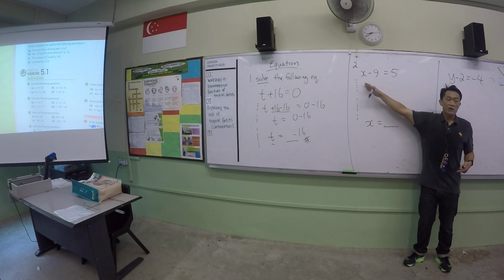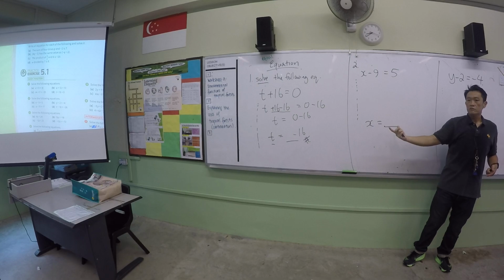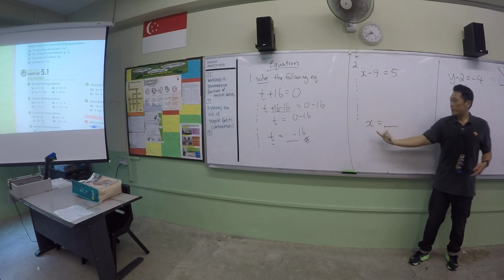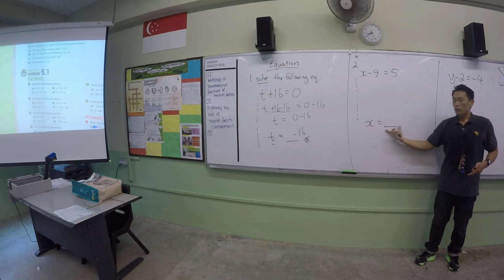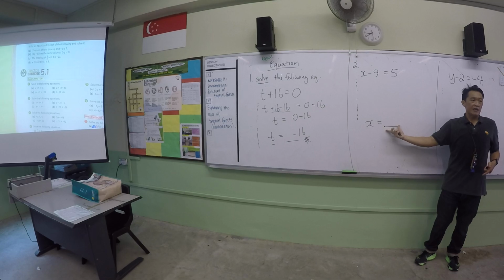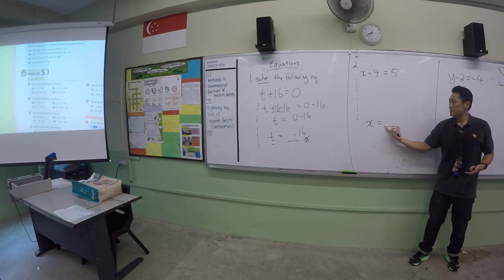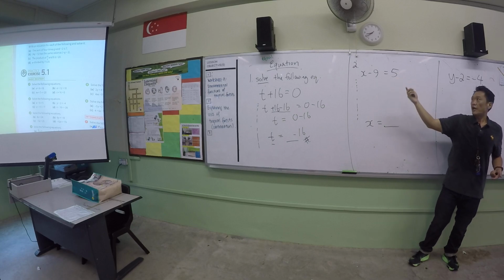We write equivalent equations until we have x on one side and all the numbers on one side, then we know x must be the same as this number, so that left will be the same as the right.